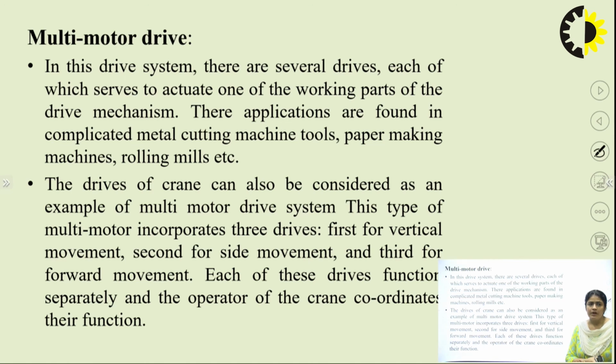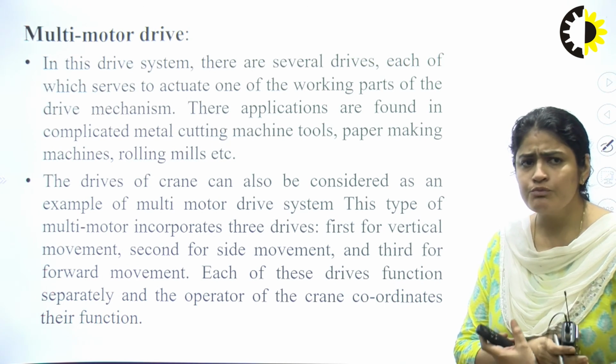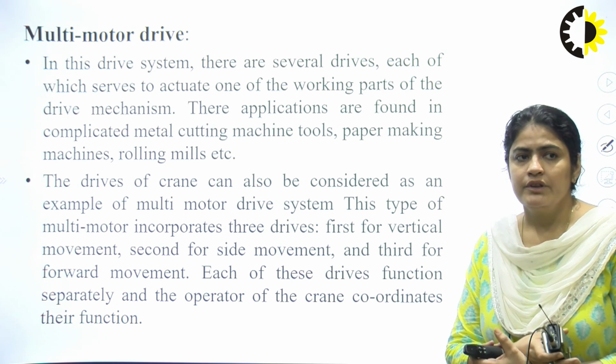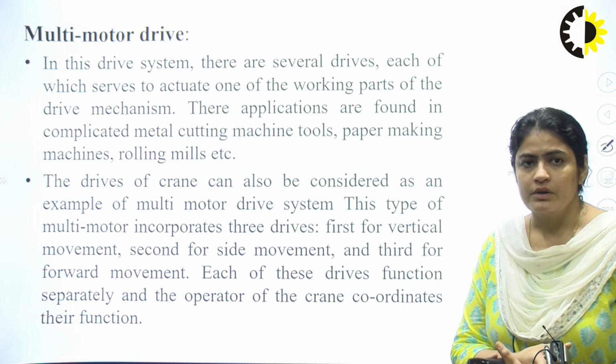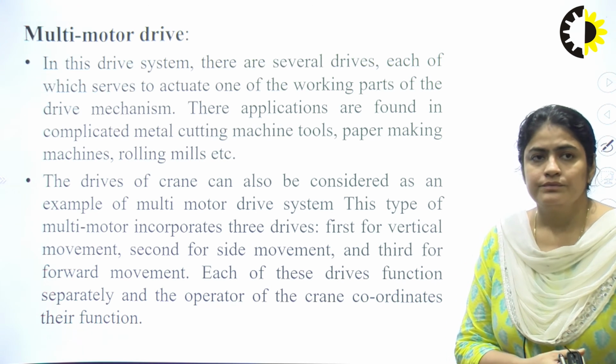This type incorporates 3 drives: for vertical movement, side movement, and forward movement. Each of these drives functions separately, and the operation of the crane coordinates their functions. So in the multi-motor drive system, each movement is driven by a separate motor.